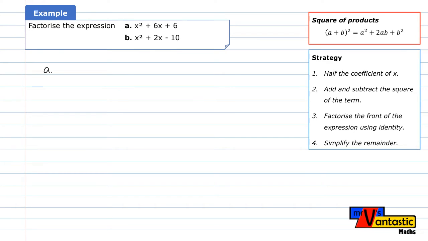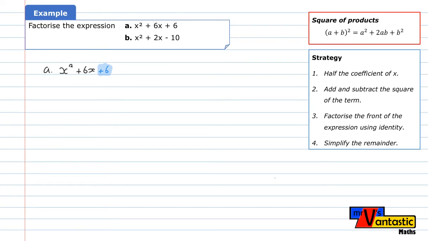We're going to start with this expression x squared plus 6x plus 6. And for a moment, I'm going to just ignore the plus 6 and focus on this inner bit. Now, wouldn't it be nice if there was a way to factorize this without having to worry about what this term here was?